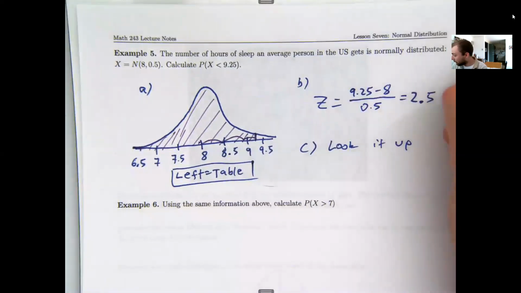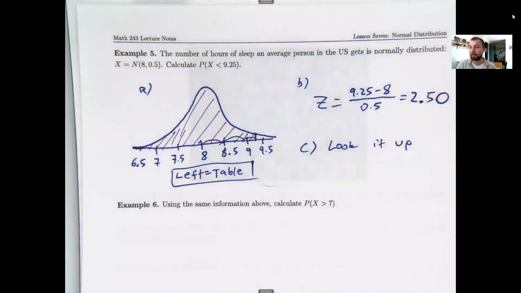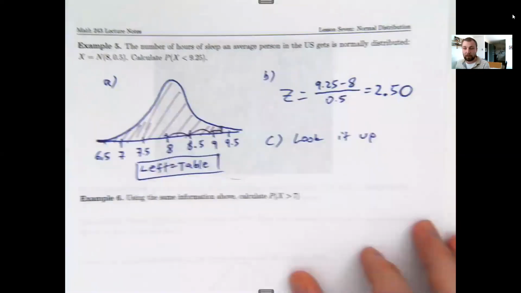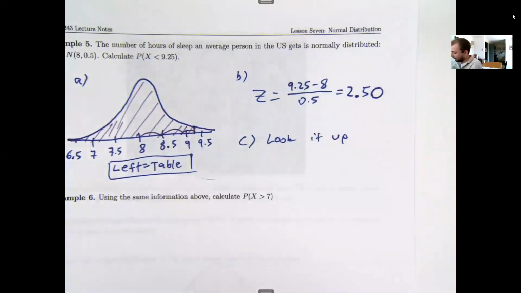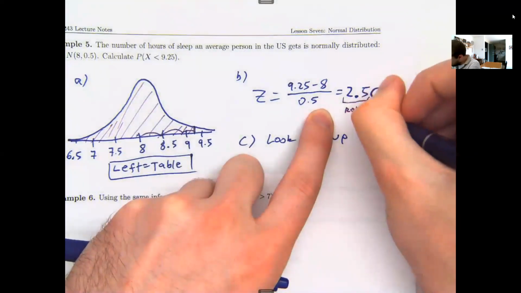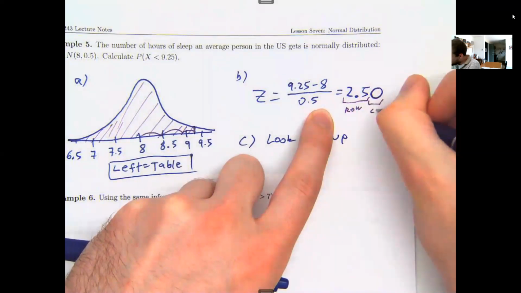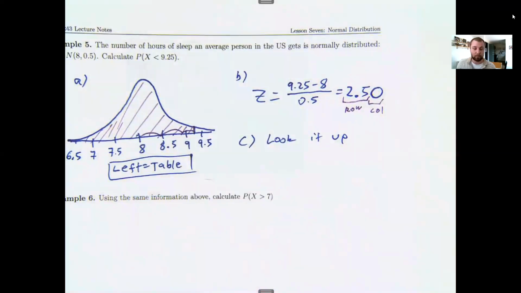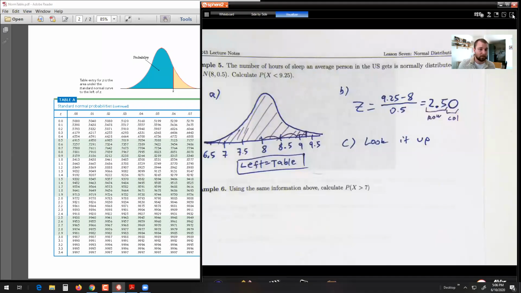A reminder, I'm always doing this to at least 2 decimal places because I need to be able to look this up on the grid. I'm going to find the 2.5 row and where that meets the 0 column. I'm on the positive side.